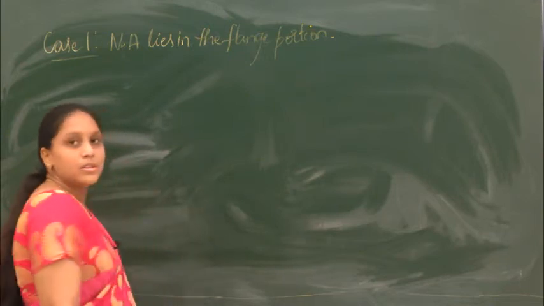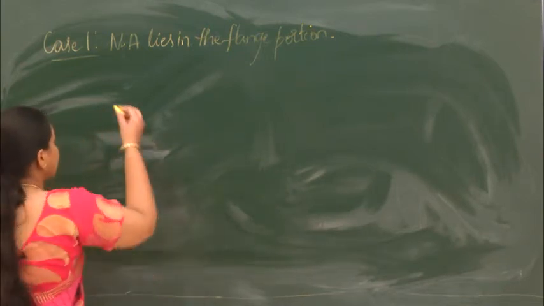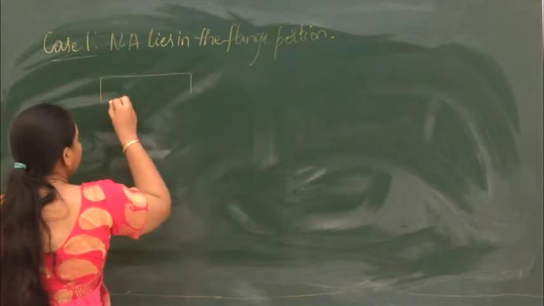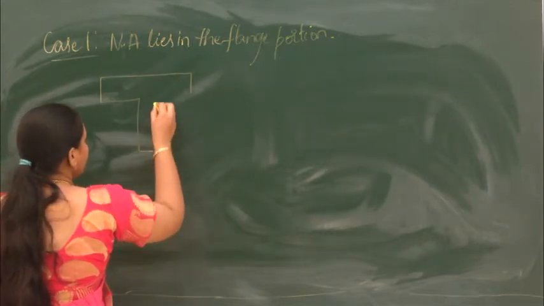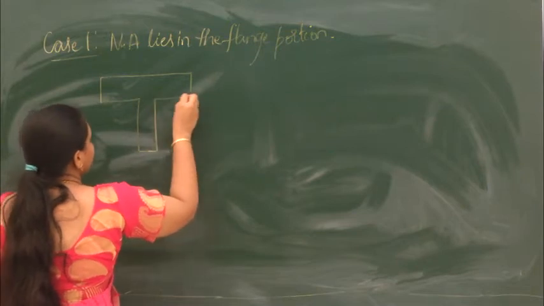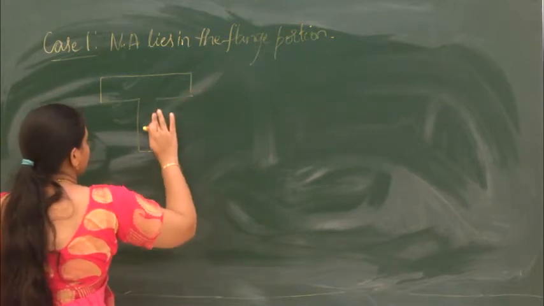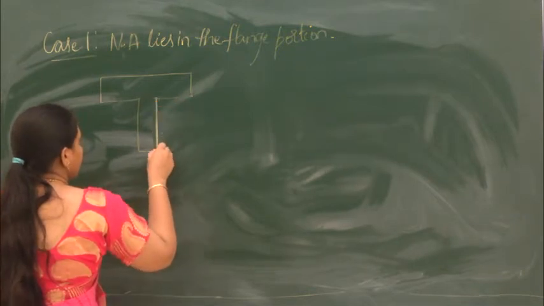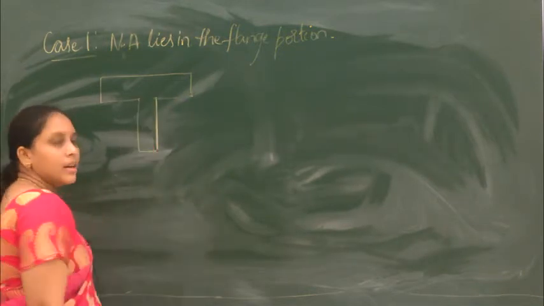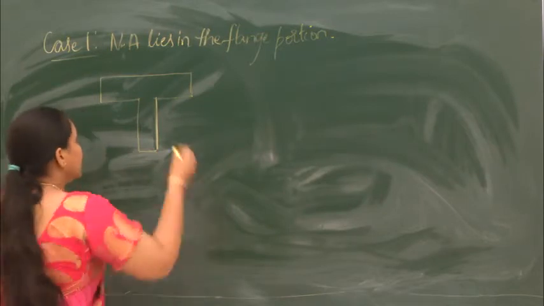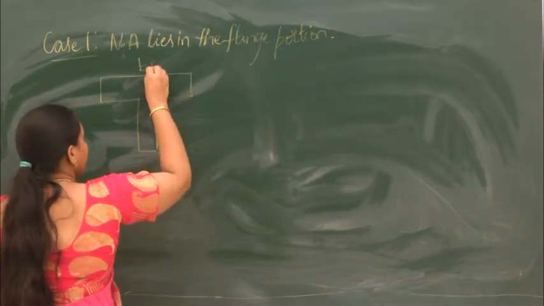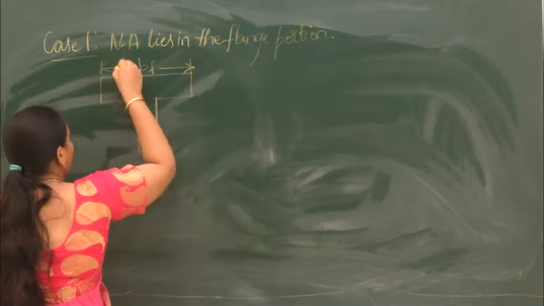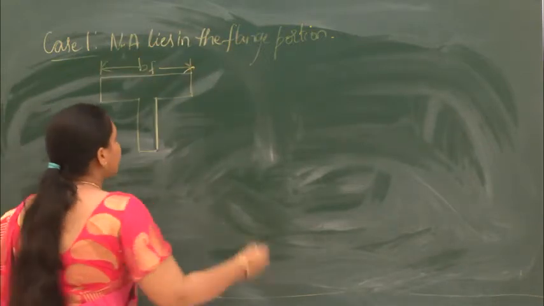So what I am considering here is a T beam section. So what will this be? This will be the effective width of the flange.